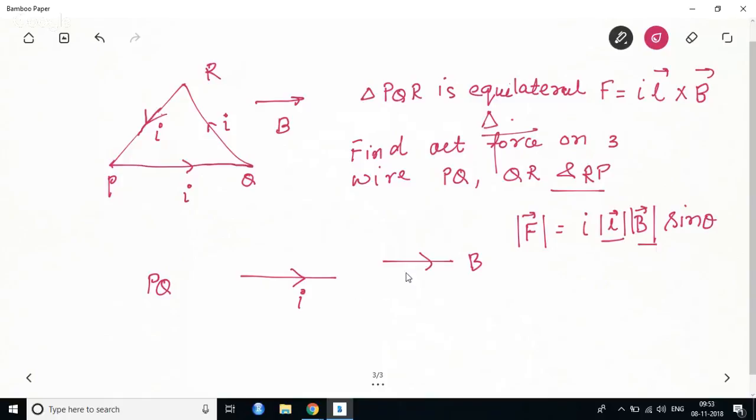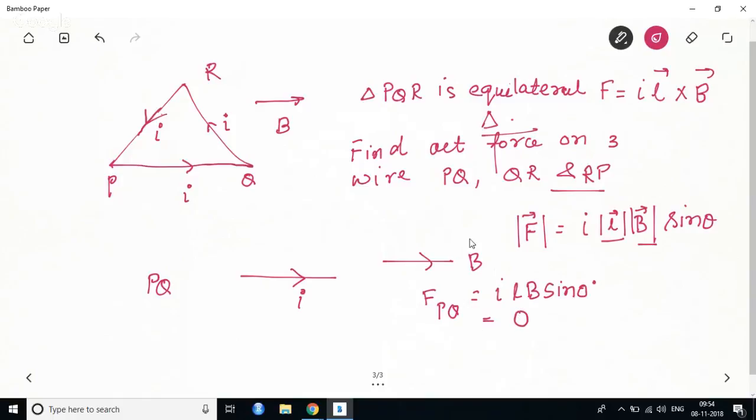As both are in the same direction, FPQ would be equal to I L B sine 0, because L vector and B vector are in the same direction, so F would be equal to 0.